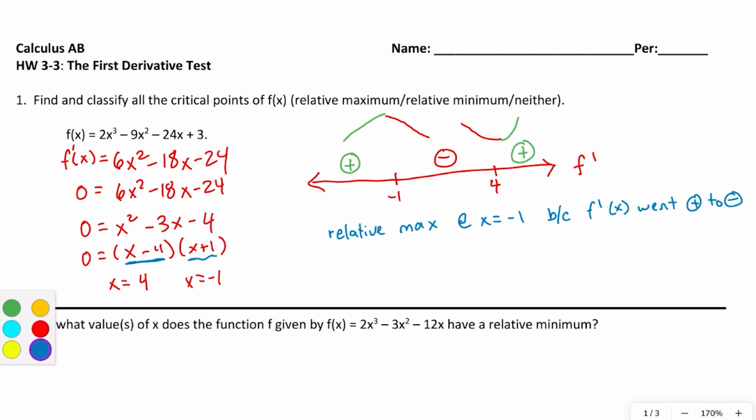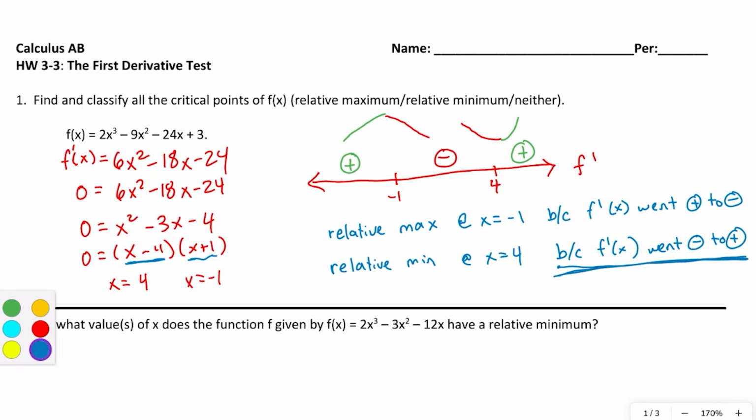We also have a relative minimum, in this case at x equals 4. We know that because the derivative, which is the slope of the function f of x, changed from being negative to positive. The first derivative test tells us that when this happens, when it goes from negative to positive, we have a relative min.